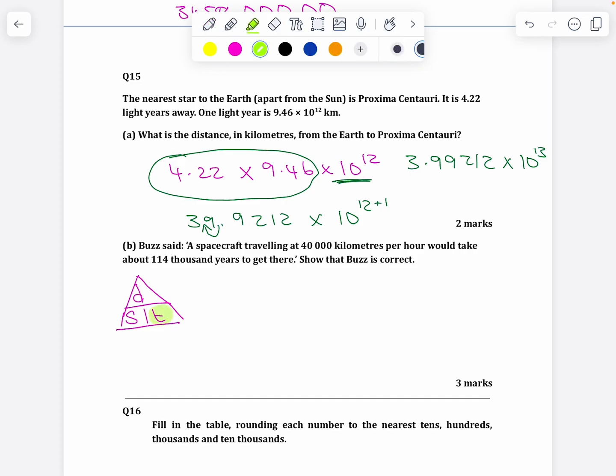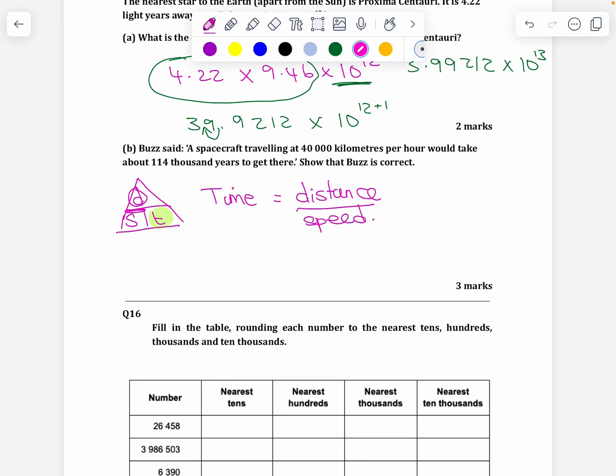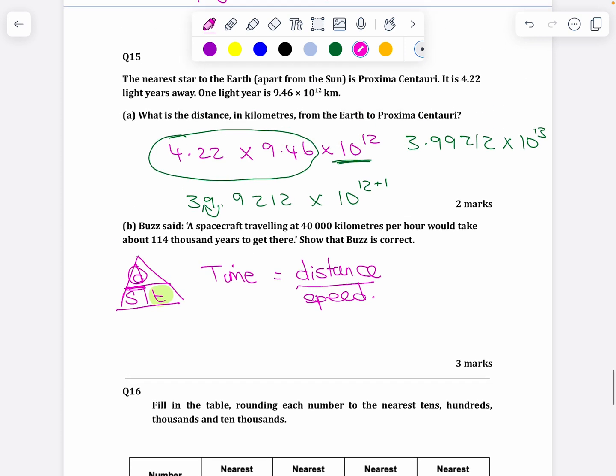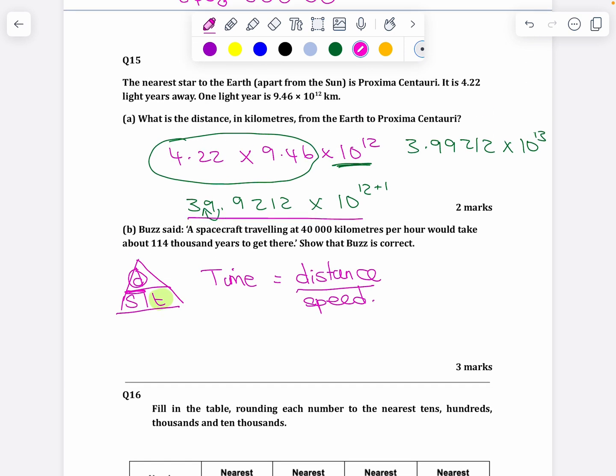So if we cover that up, it shows us that time equals distance at the top, divided by speed. Okay. We know the distance. It says here that the distance is this here.